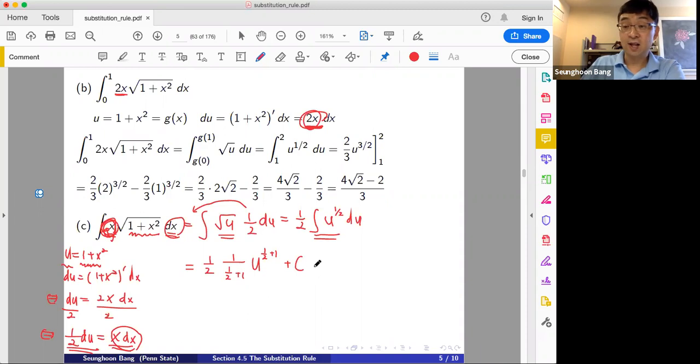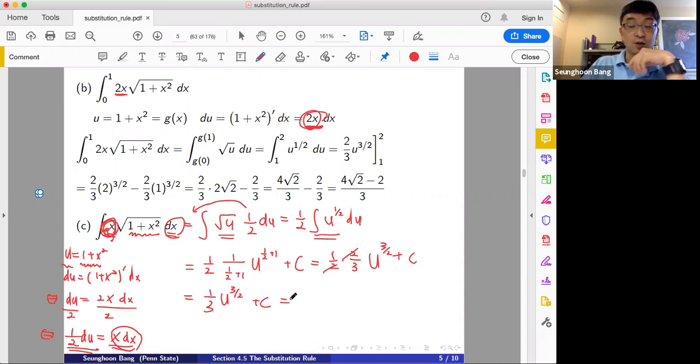This is an indefinite integral. 1/2 plus 1 is 3/2, so flip 2/3, u to the 3/2 plus c. The 2 is crossed out, so we have 1/3 u to the 3/2 plus c.